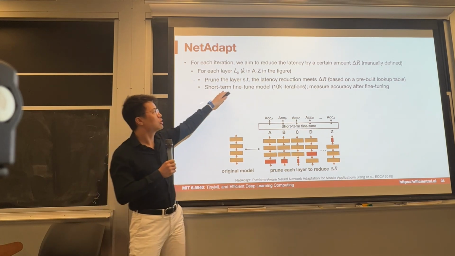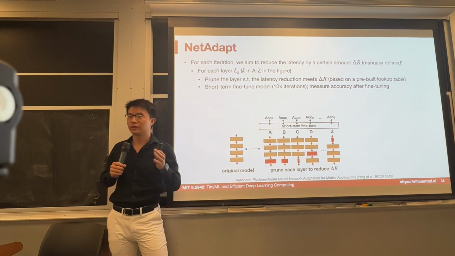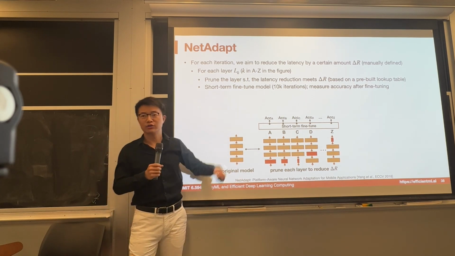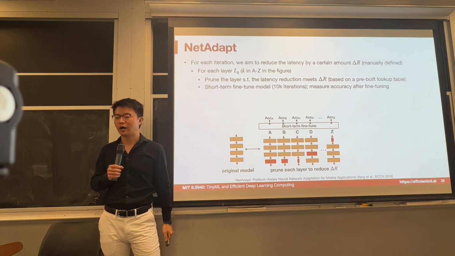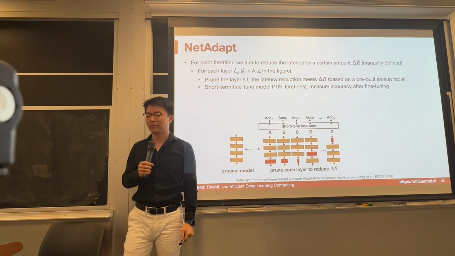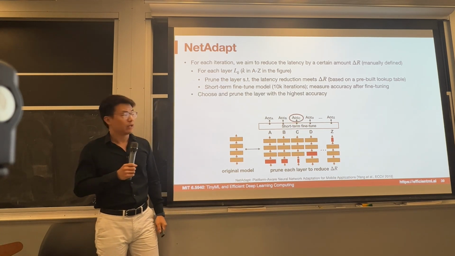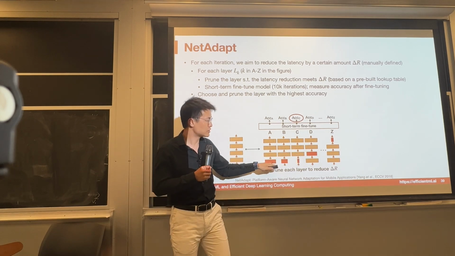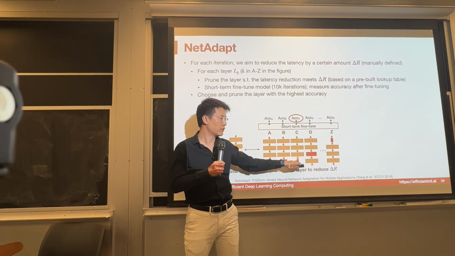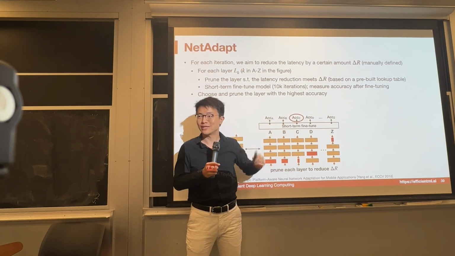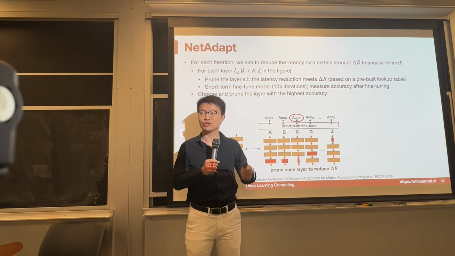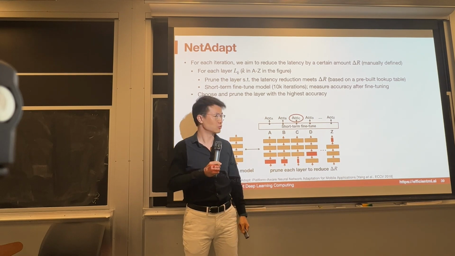And then we short-term fine-tune the model a little bit, let the accuracy recover. The more we fine-tune, the more accurate, but the longer the total wait time. Okay, and then we can try this for different layers. Like the first layer, we have to prune it very thin to reduce it by 1 millisecond. But the second layer, we just prune a little bit, then I can achieve that 1 millisecond reduction.